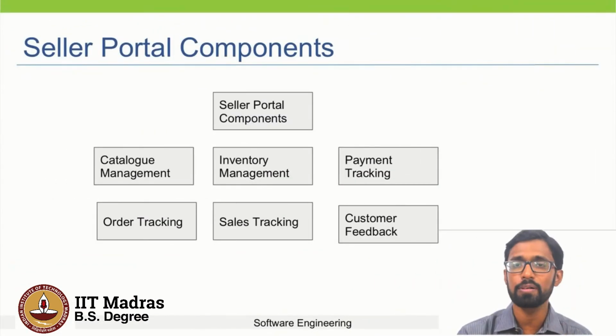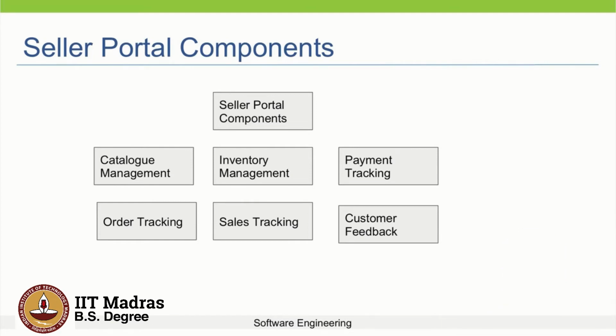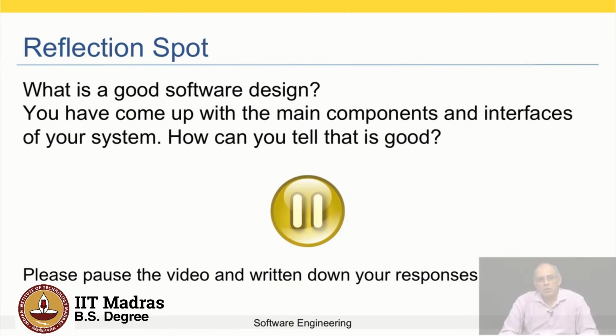For example, we identified components like the catalog management component, the inventory management, payment tracking, and so on. So how these components can be represented using UML diagrams and other notations is the focus of this week.